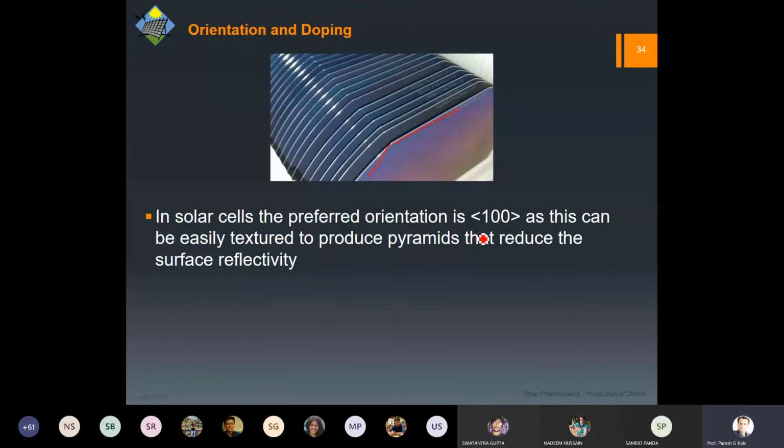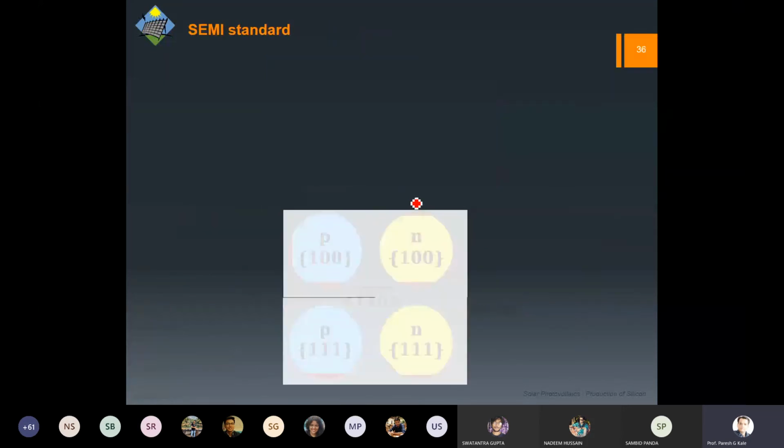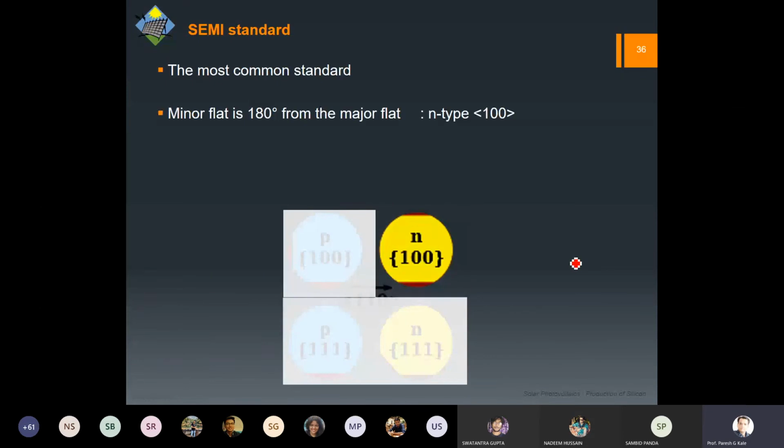To make these pyramids, we require an etching method, and 100 is good for that. We'll discuss it later in a separate lecture. These flats denote the orientation of the wafer and the doping of the wafer. Here are certain standards, called SEMI standards. I'm giving you some typical examples.